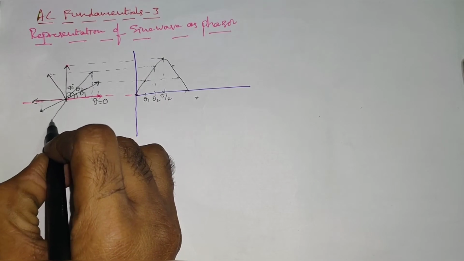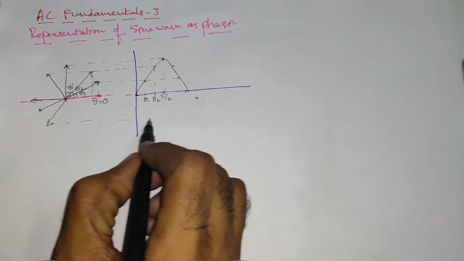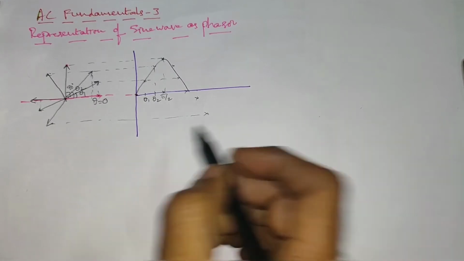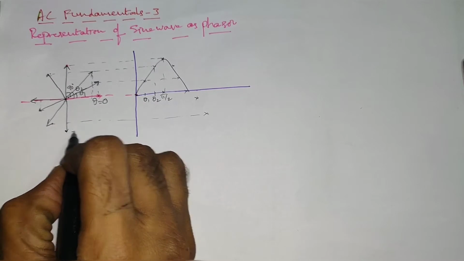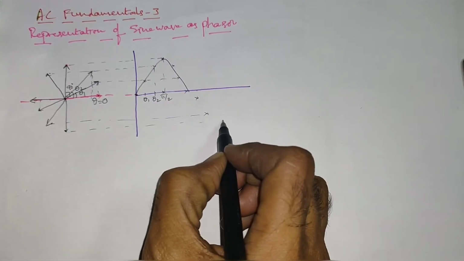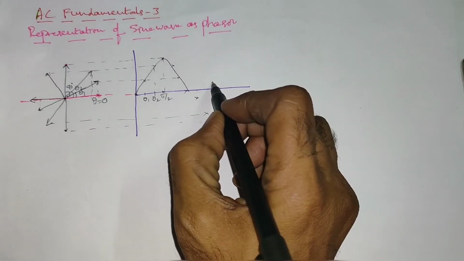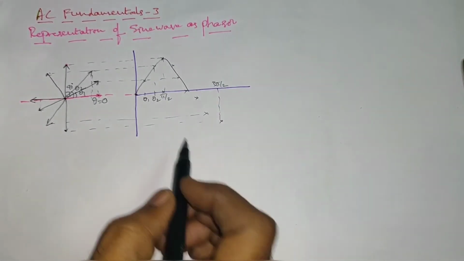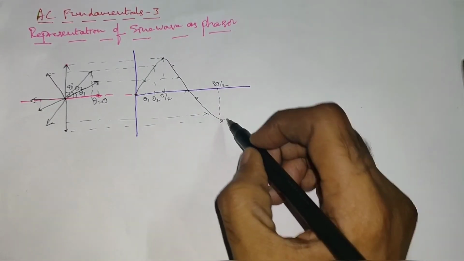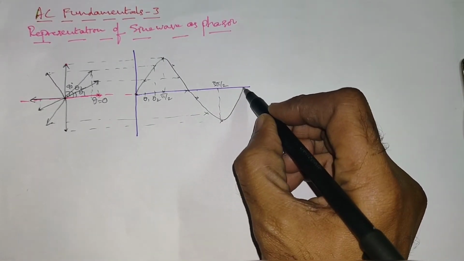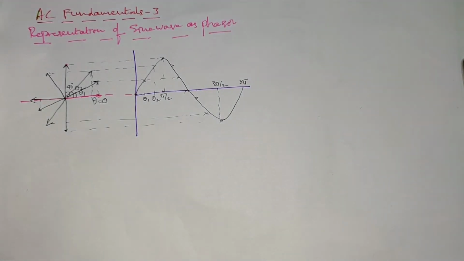As the angle increases beyond 180 degrees, it moves in the negative direction, and at an angle of theta equal to 270 degrees, it will have the negative maximum value. So this is known as 3 pi by 2 or 270 degrees, and it completes the cycle when theta becomes equal to 2 pi radians or 360 degrees.